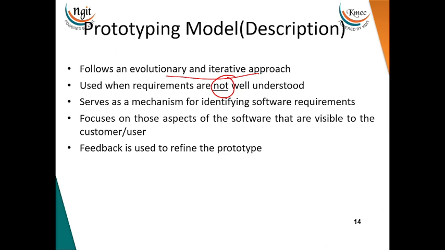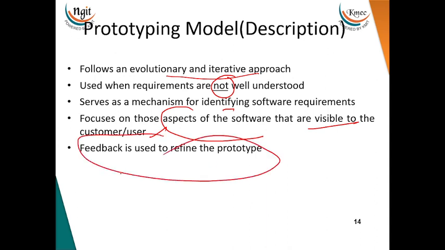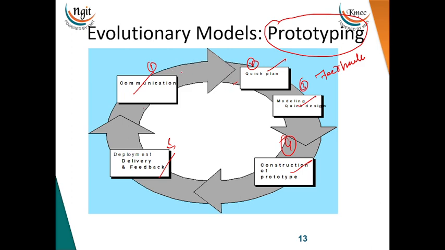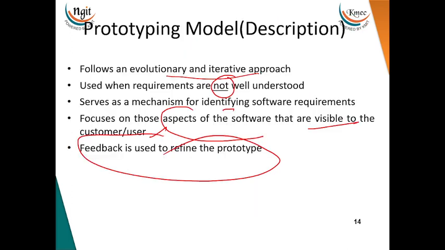Once you understand the problem, you are able to do it. It serves as a mechanism for identifying software requirements. It focuses on those aspects of the software that are visible to the customer; what is not visible, we do not focus on. The feedback is used to refine the prototype. As I told you, we go again to the customer, take the feedback, and develop. This is a process of feedback, correct? And this is one type.